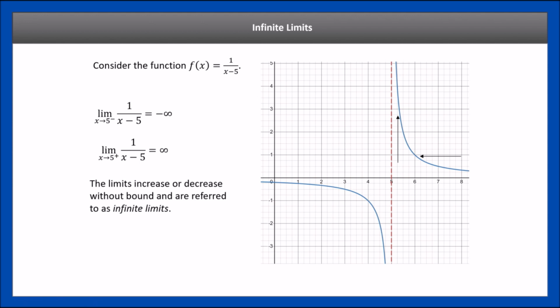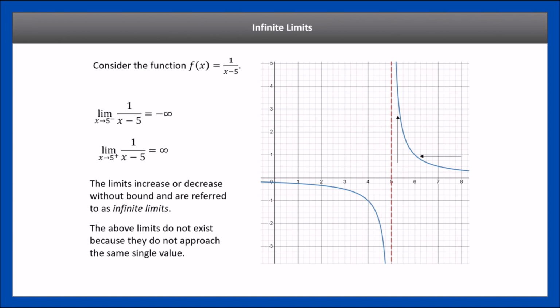These limits are referred to as infinite limits. As you approach a value, the function increases or decreases without bound. Notice that for infinite limits, they actually don't exist. The above limits do not exist because they don't approach a single value.